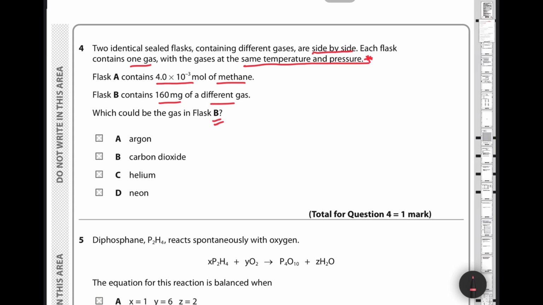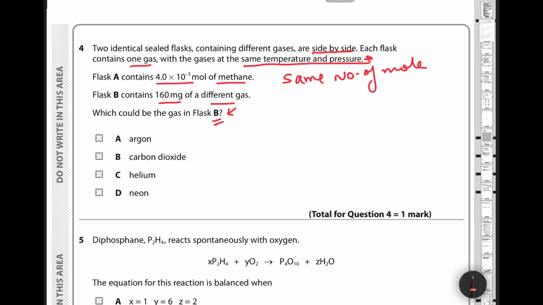So you should know that same temperature and pressure means the gas is having same number of moles. Now this gas B will have same number of moles as flask A gas, and the mass is given to you, 160 milligram.